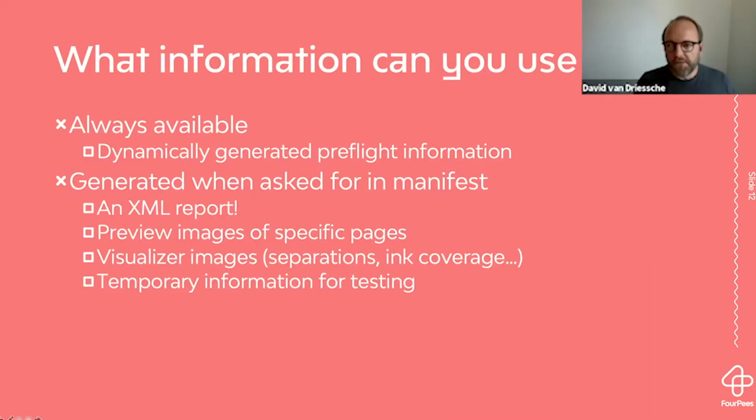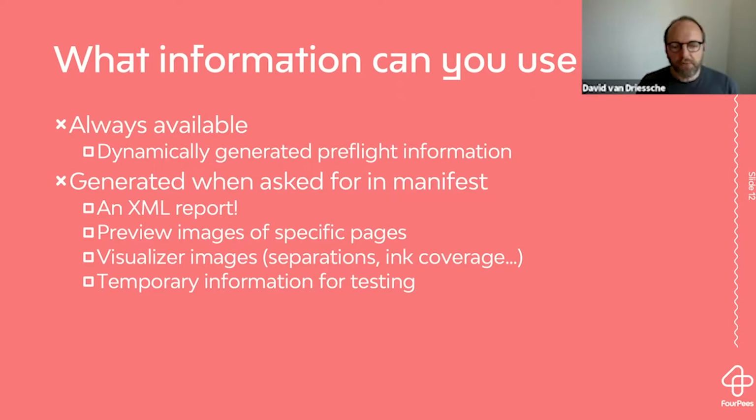And once the XML report has been written, then your HTML file is run. And so your templates can extract advanced information from that XML report and also use it to show as part of the PDF report, the preflight report that is going to be written.